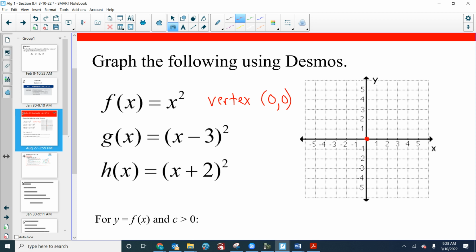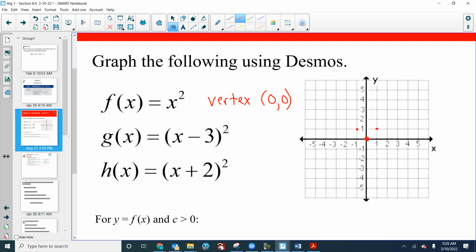Now, what's 1 squared, guys? 1. What's negative 1 squared? It would be 1 also, right? So in a basic parabola, it would go right here. What's 2 squared? Someone besides Zach. 2 squared is what? What's negative 2 squared? Wouldn't it be 4 also?